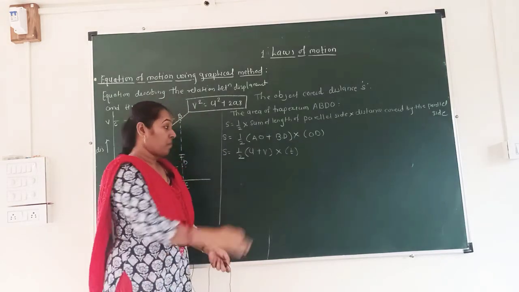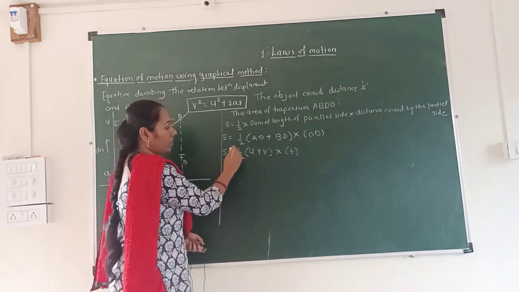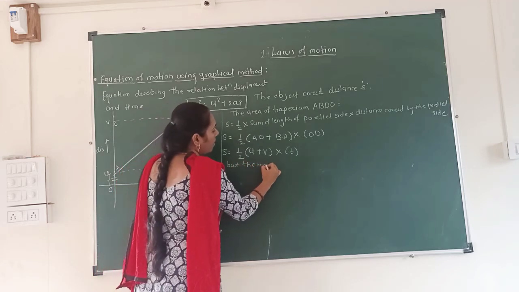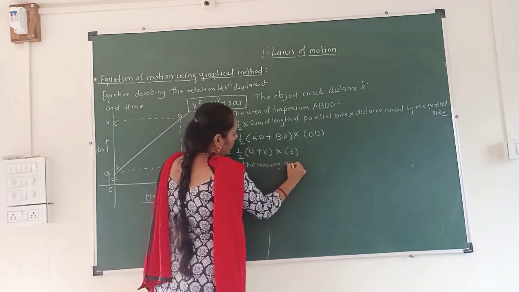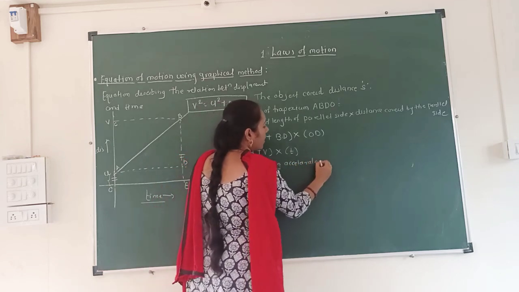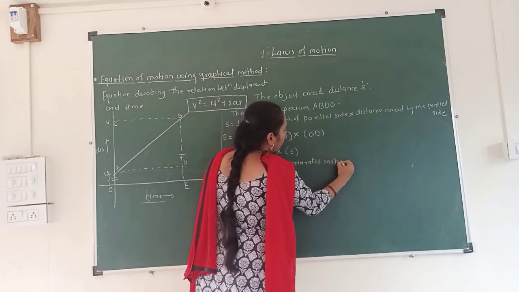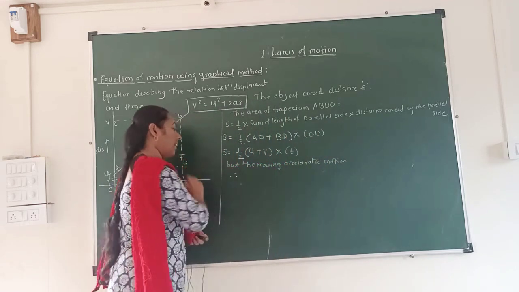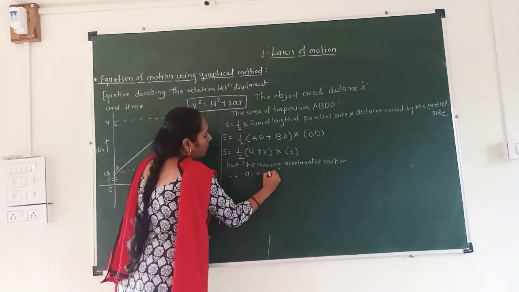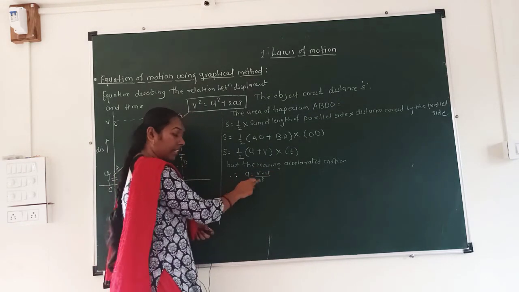Are you getting this? Now, the object is moving in accelerated motion. Therefore, what is the formula for acceleration? a is equal to v minus u divided by t.